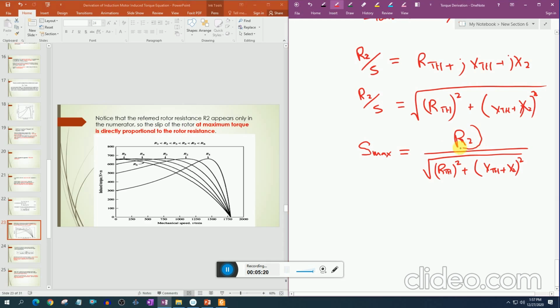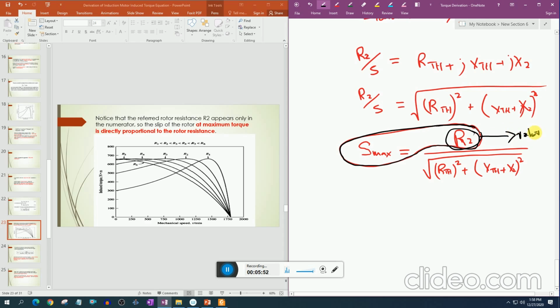So the slip at which maximum pull out torque occurs depends directly on the resistance. We can control the slip at which maximum torque occurs by controlling the value of R2, the rotor resistance.